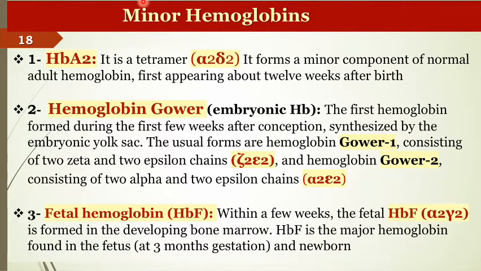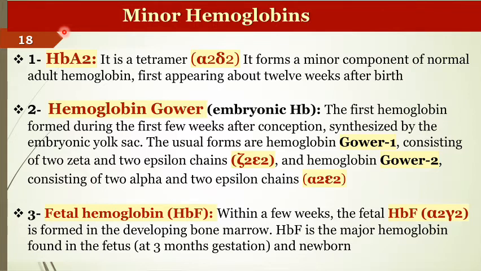The last thing we're going to speak about in this lecture are the diseases. But with the diseases, we will explain minor hemoglobin, other types of hemoglobin. The major type of hemoglobin in our body is hemoglobin A. 98% of hemoglobin in our body is hemoglobin A, not A1.